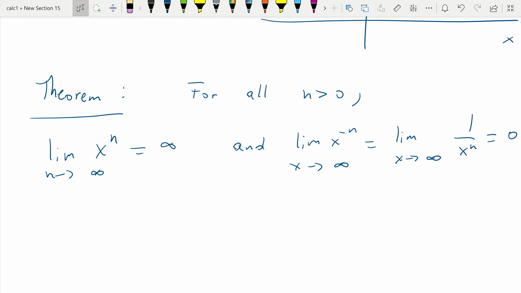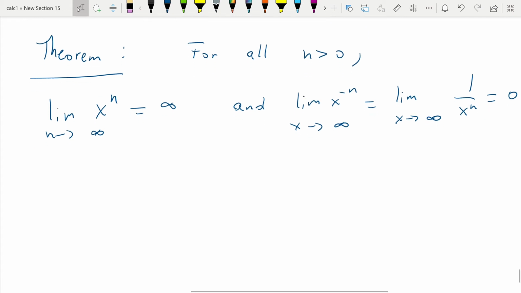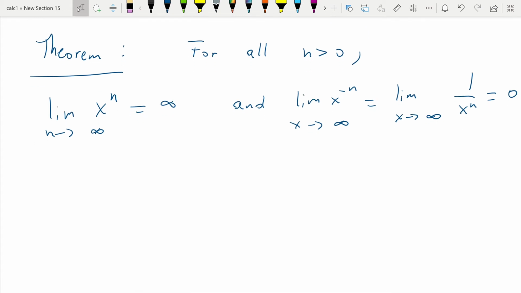Okay, so this is one thing that we'll need to use. So x to the n always goes to infinity when x goes to infinity and n is positive, and 1 over x to the n goes to 0 when x goes to infinity.